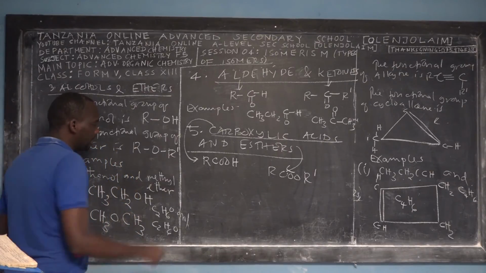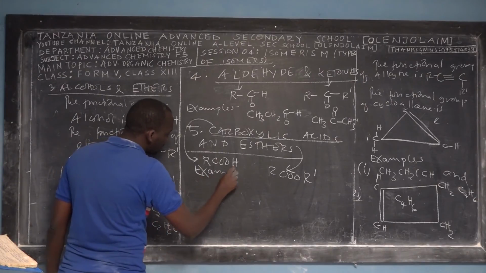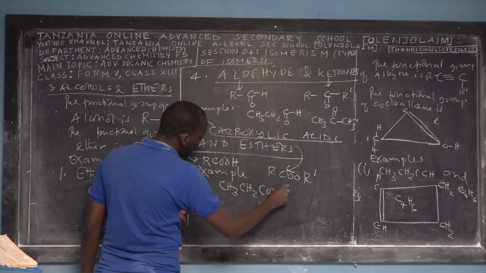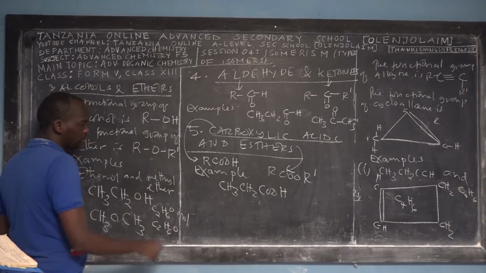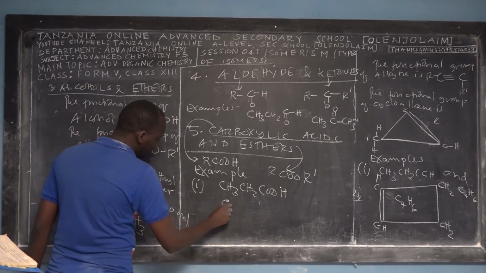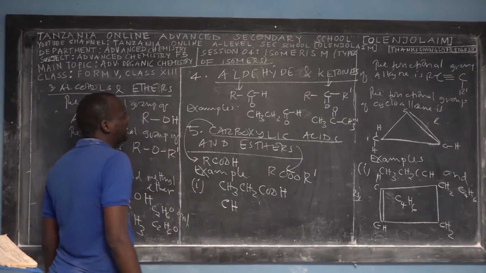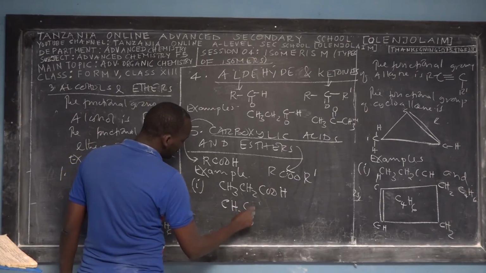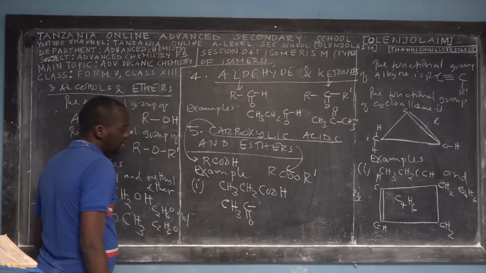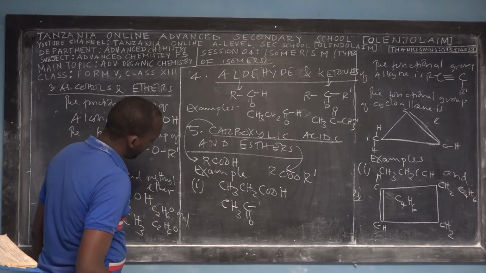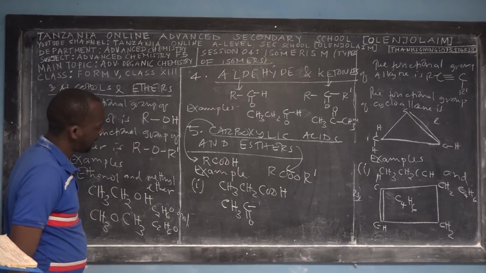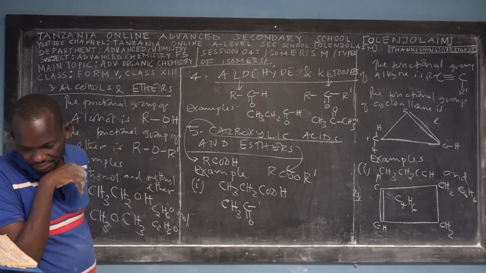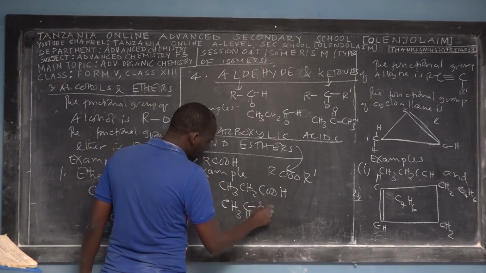Example, propanol: CH3CH2CH2OH. But we can also have the same molecular formula with a different functional group, from carboxylic acid, and then an ester where here we have oxygen, then you have CH3.